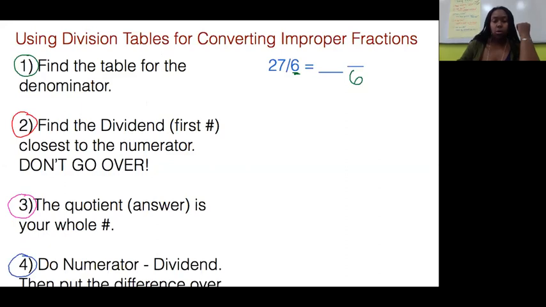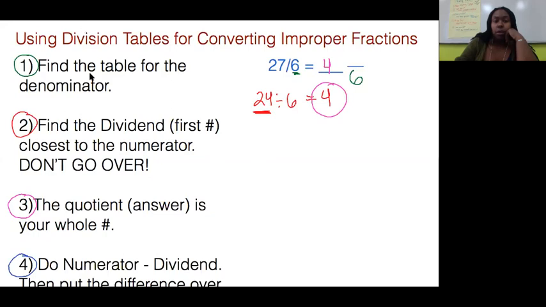I'll change my color to match step 2, which is red. The one with our dividend was 24 divided by 6 equals 4. Okay, so this is the one that doesn't go over. Now, the quotient, step 3, that's the answer, is our whole number. Our whole number is going to be 4. All we have to do is look at the end and use that number. Our whole number is going to be 4.